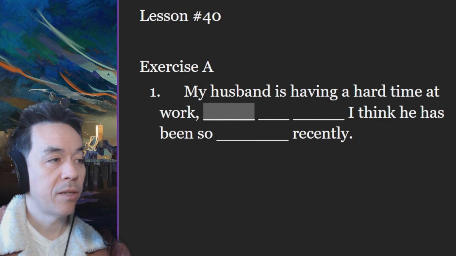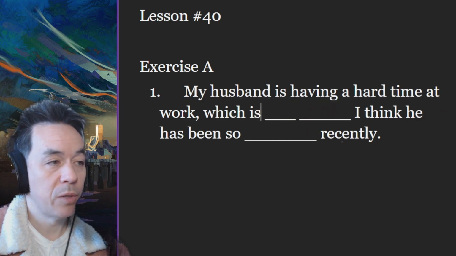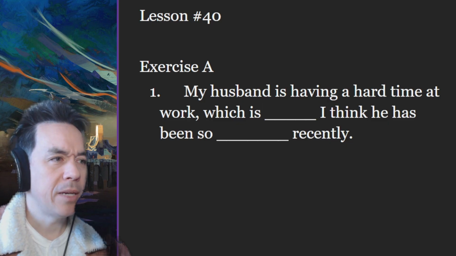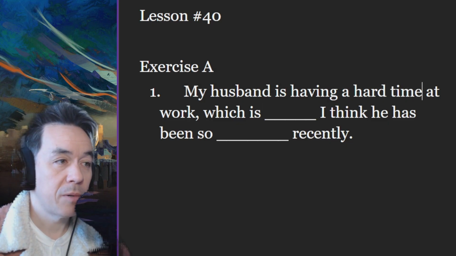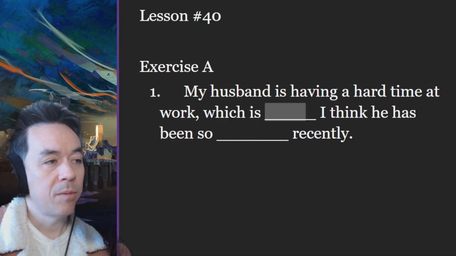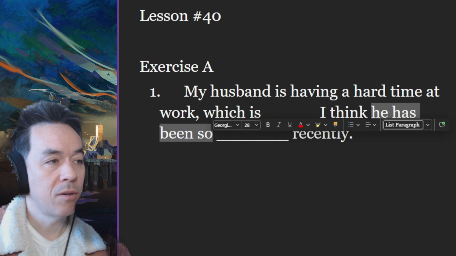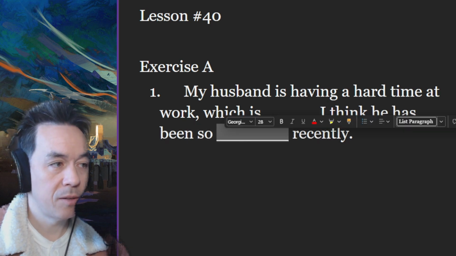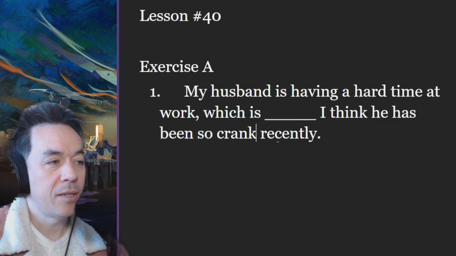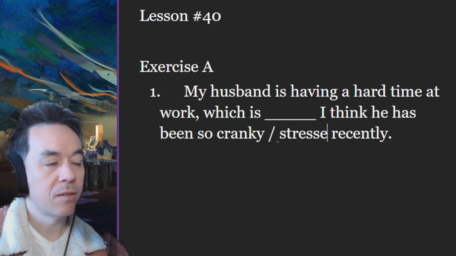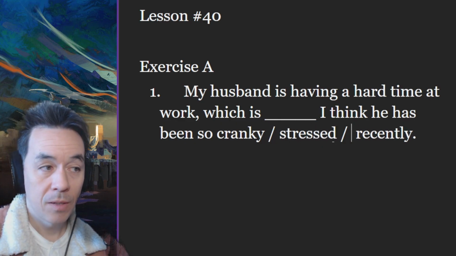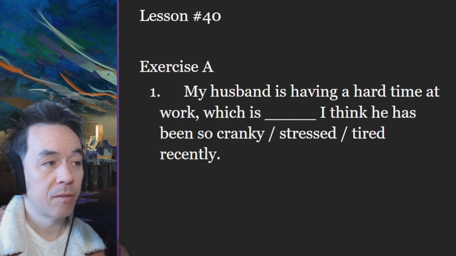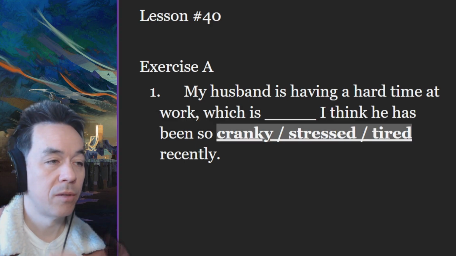So we can gather that this part is which is, meaning this hard time is, by the way. The answer here is going to be which. He has been so, let's put an adjective here, I don't know, cranky, or stressed, or tired. Anything, an adjective word there.